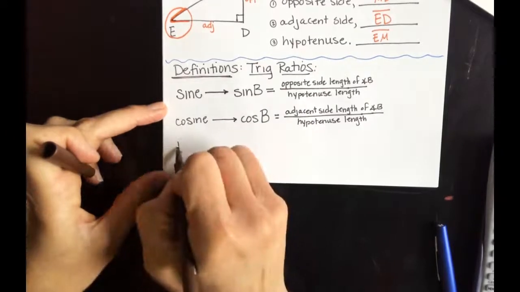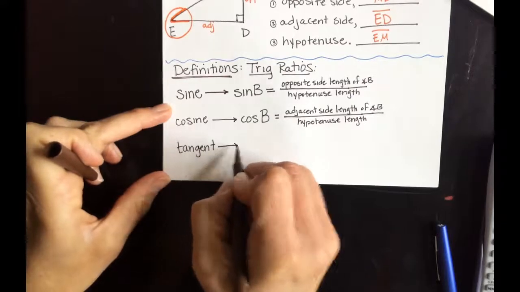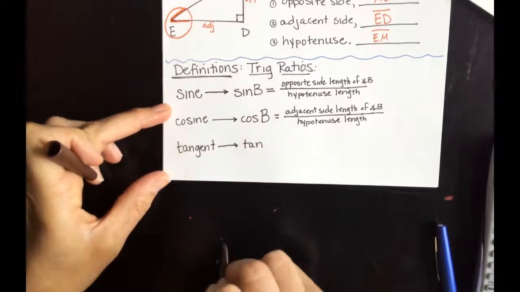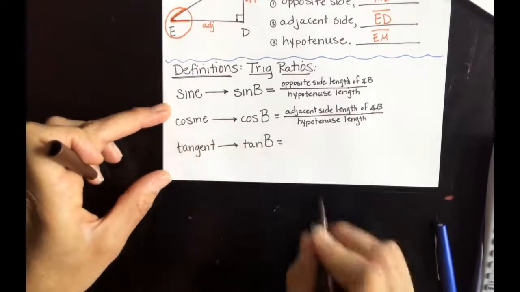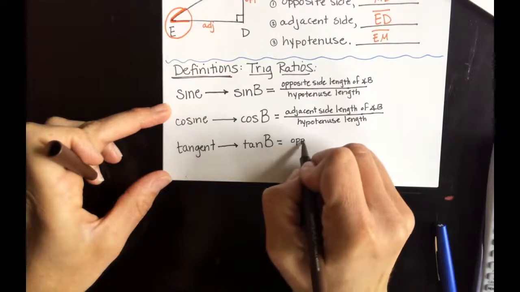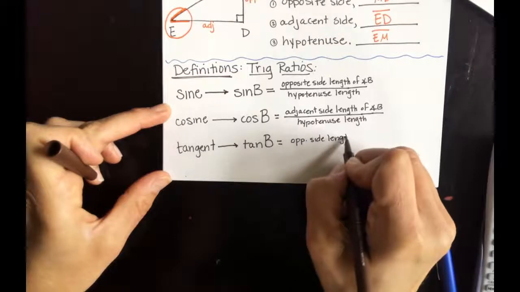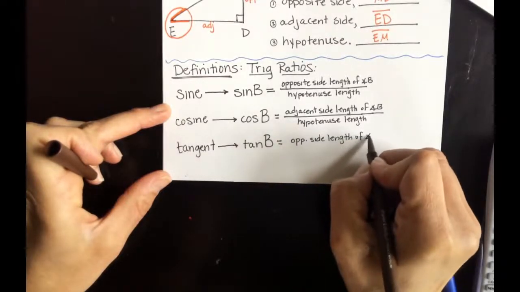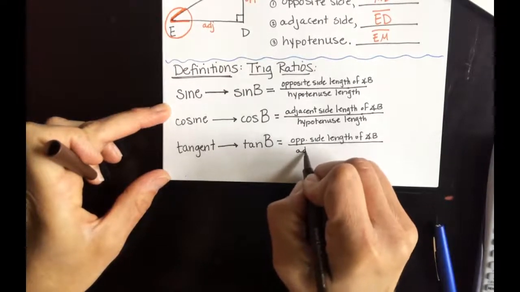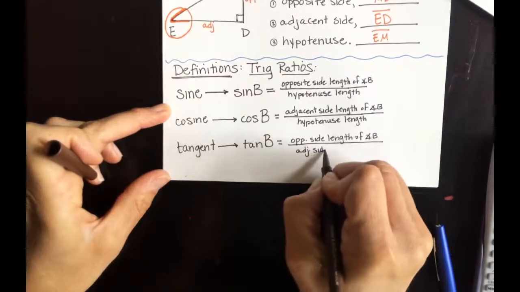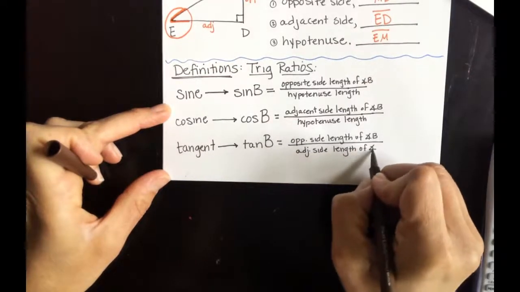And last is not the color tan, but it's called tangent. And its abbreviation is TAN with our capital B for the angle we're talking about. And this time it's our opposite side length, still of angle B, so we're going to reuse numbers, and our adjacent side length of angle B.